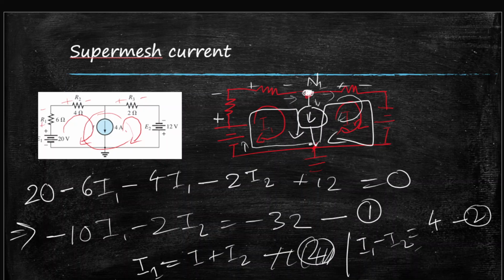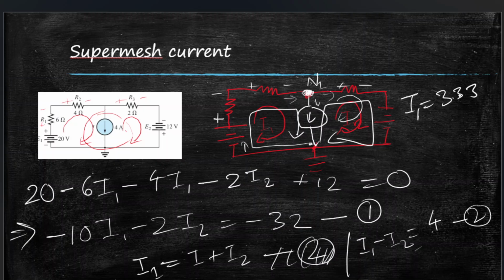So we have I1 is equal to 3.3 ampere. I'll write the answers here. I1 is equal to 3.33 ampere, and I2 is equal to minus 0.67 ampere. That's our answers. So that's the supermesh current. Just a few different steps, but mostly the same.